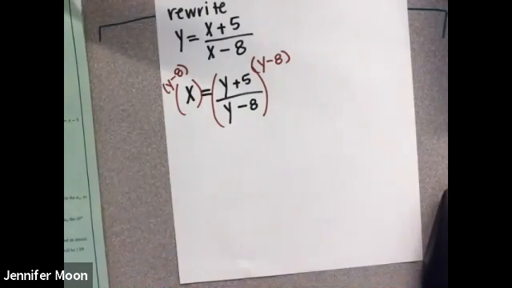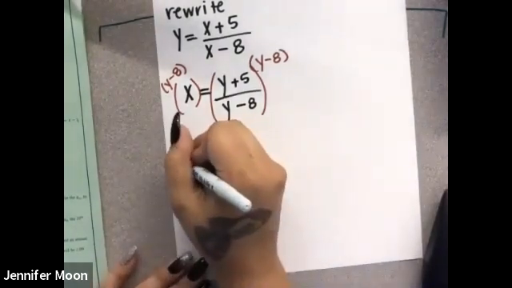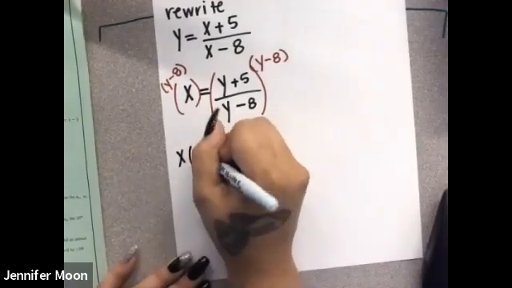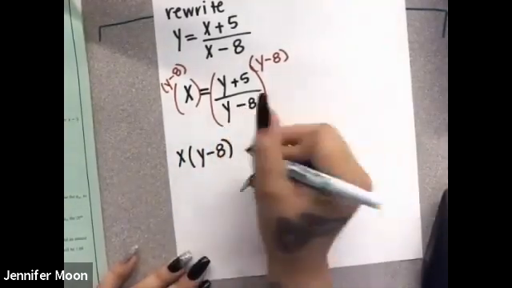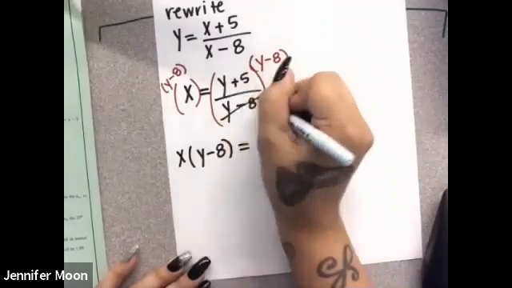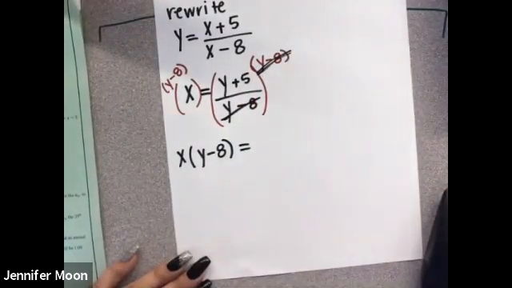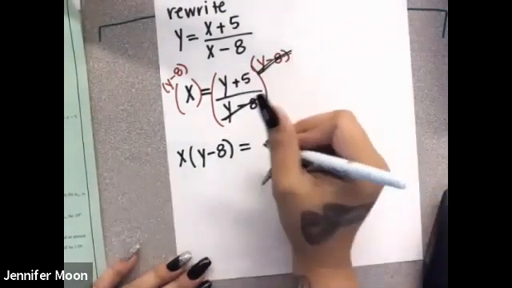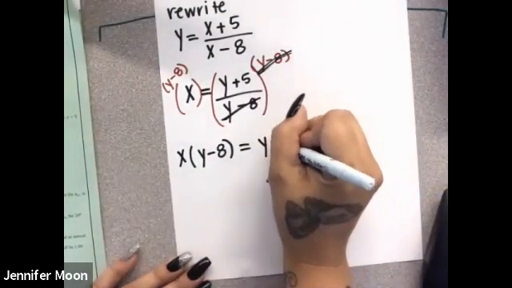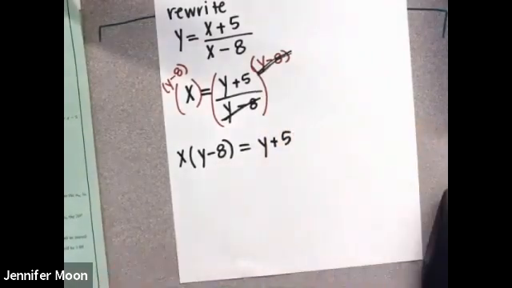Okay, so on the left-hand side, I have x times what's in the parentheses. So I'm just going to write x in parentheses, y minus 8, close parentheses, equal. Do you notice how those cancel? Which is the reason why I multiplied by the denominator, so it would cancel. So what I have on the right-hand side is just y plus 5.